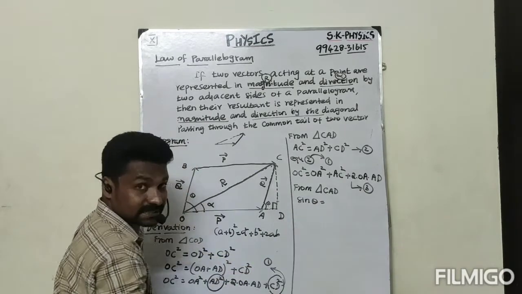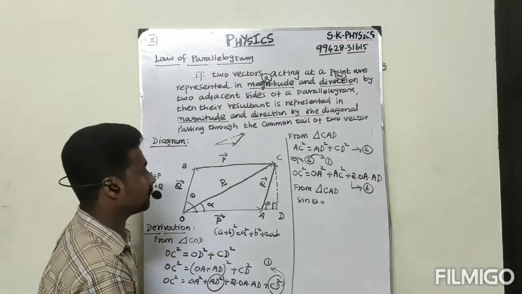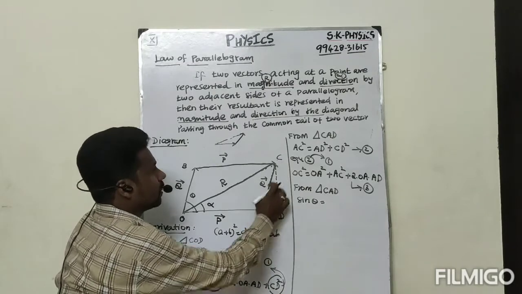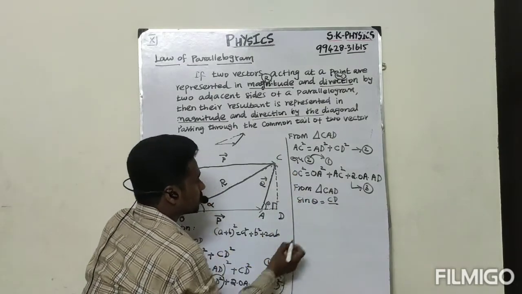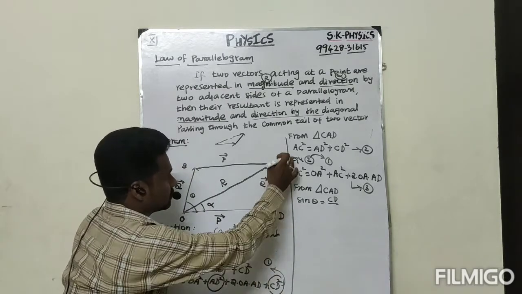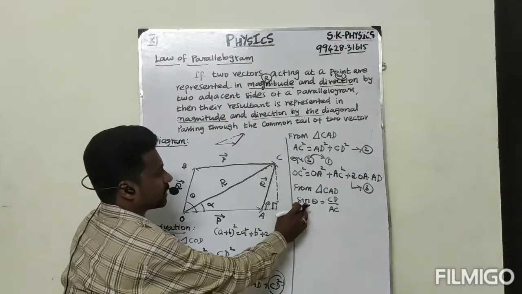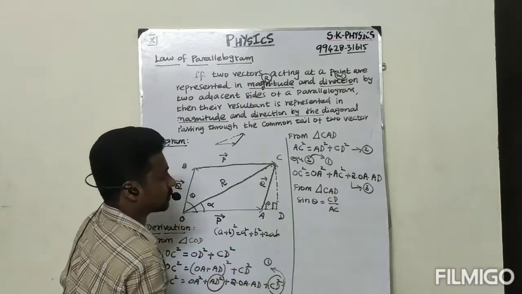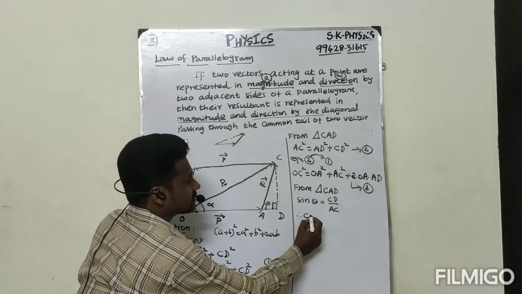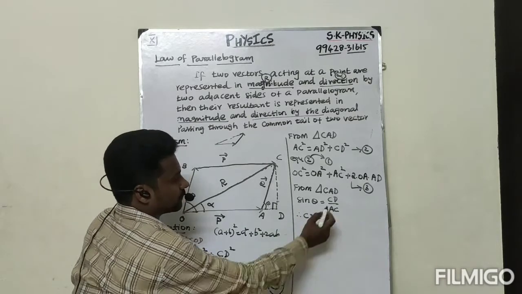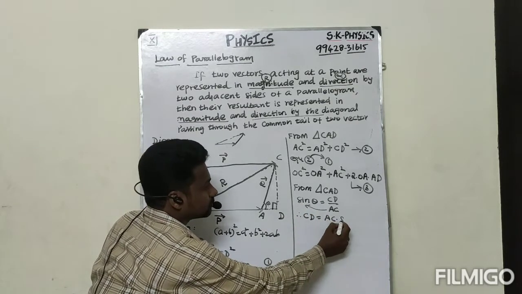What is the formula for sin theta? Sin theta is equal to opposite divided by hypotenuse. This is the angle. Opposite is CD, hypotenuse is AC. Sin theta is equal to CD divided by AC. Therefore, CD is equal to AC sin theta.